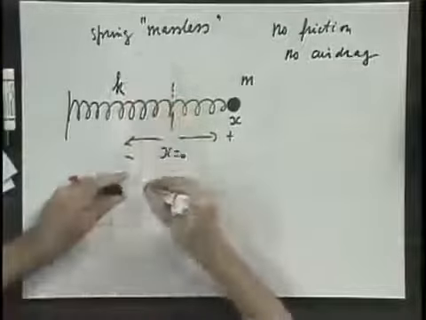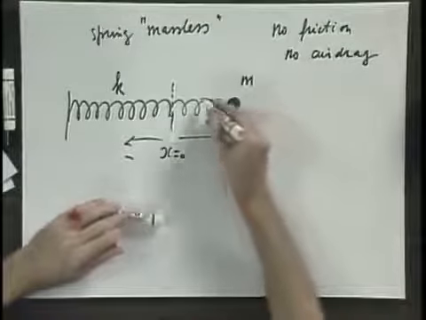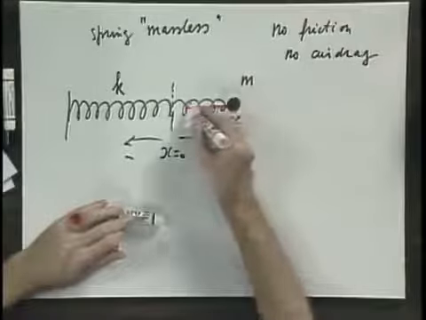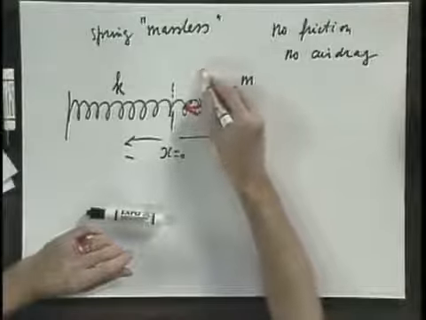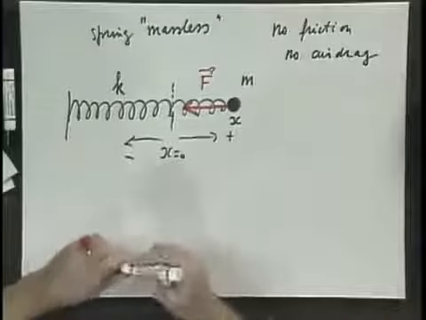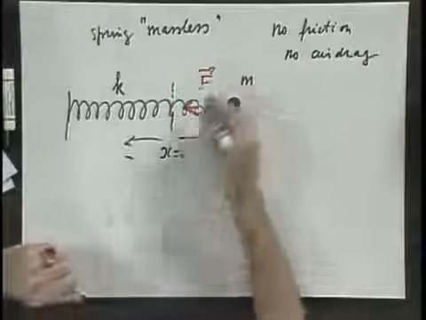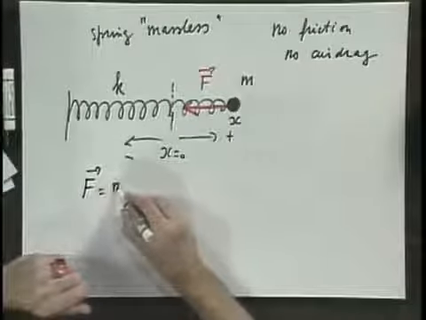The spring has a spring constant k, and when I bring this object out over a distance x, there is a restoring force, the spring force that is driving it back to equilibrium. F, according to Newton's law, equals ma.